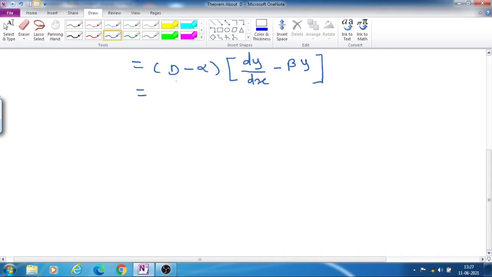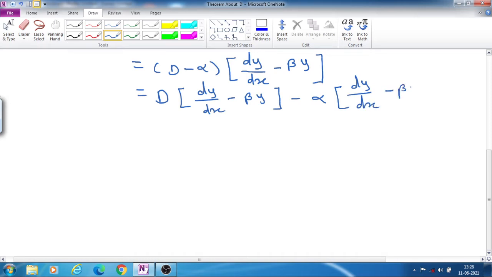Now we operate this D minus alpha on this bracket dy by dx minus beta y. So first D: D into the bracket dy by dx minus beta y, then minus alpha into the bracket dy by dx minus beta y.